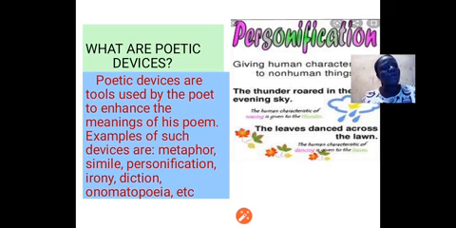But for a poet, what are those materials that he's going to make use of? First of all, those materials that he needs to make use of in the course of writing his poem are called poetic devices. Those materials that he is going to make use of to make his poem come out alive, to give meanings to his poem, is what we call poetic devices.